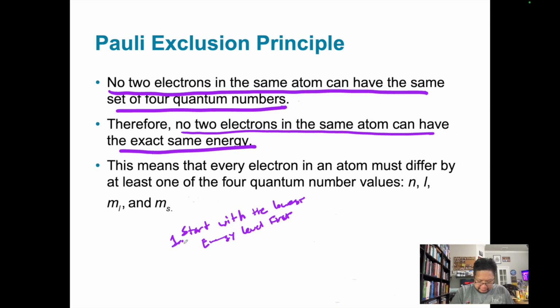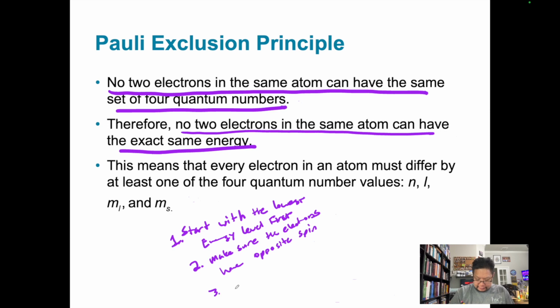And then number two is to make sure the electrons have opposite spin. That means that one should go up and one should always go down, right?